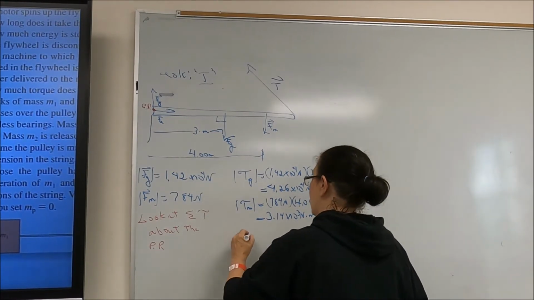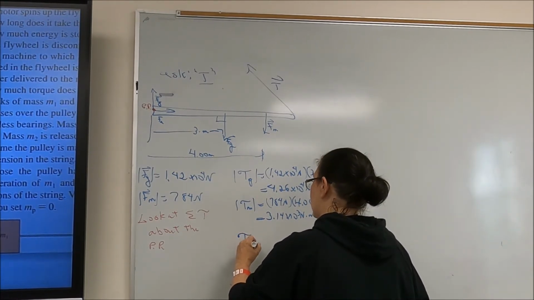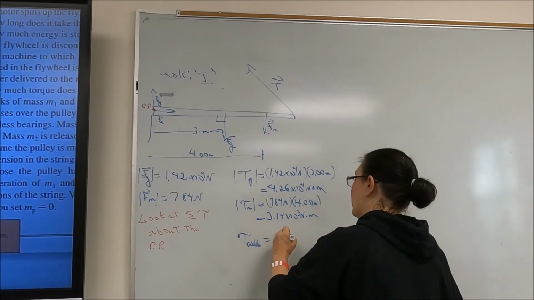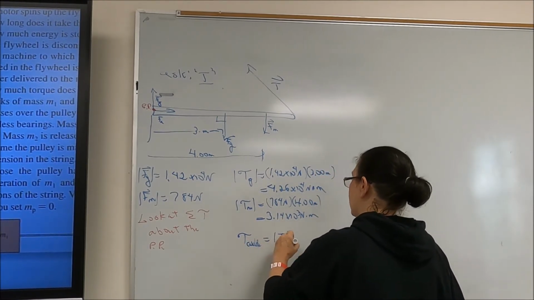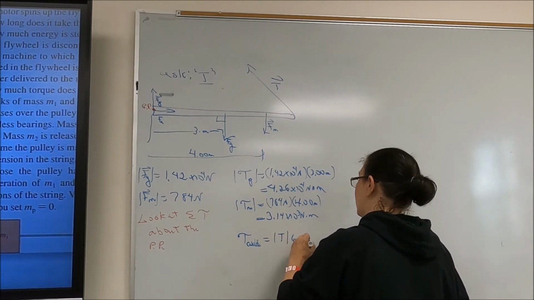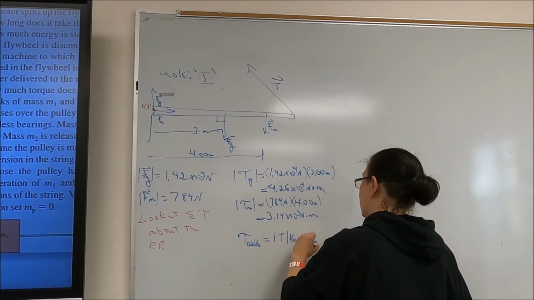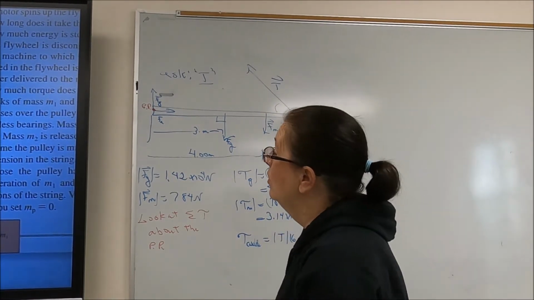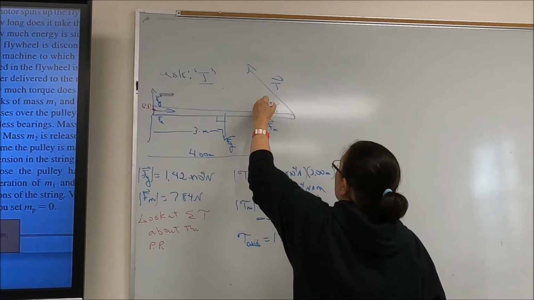Now, the torque from the cable is going to be T times 6 meters. Now, the angle here was given to us as 30 degrees.